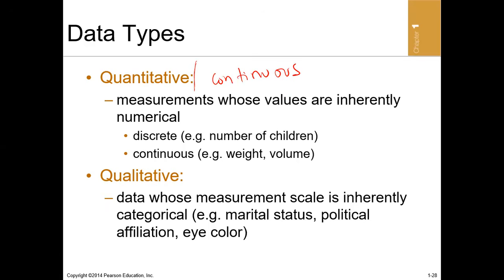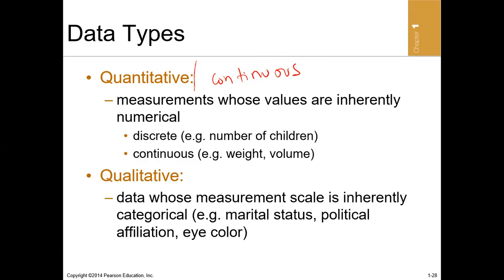On the other hand, if the data is naturally not numbers, but is inherently qualities or categories, we call it qualitative. So data like marital status, being single, married, etc., are not numbers, they are just qualities.